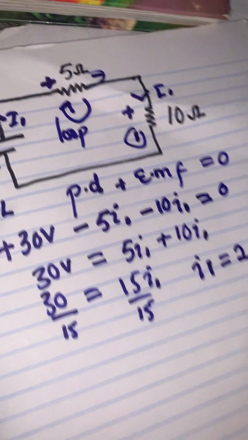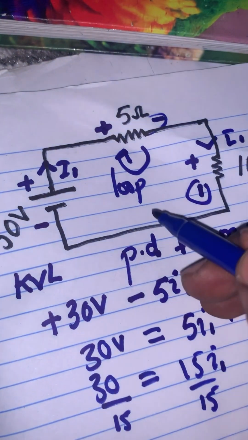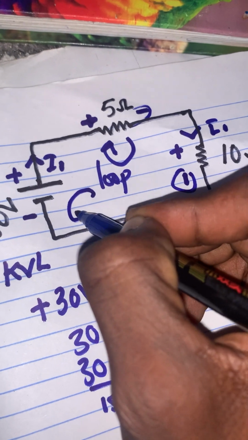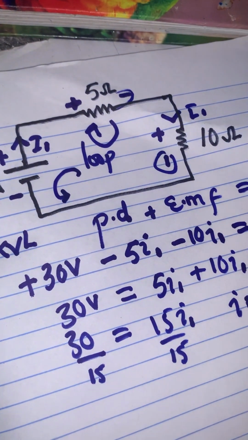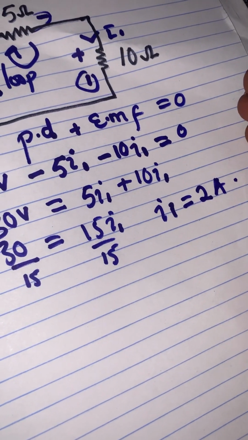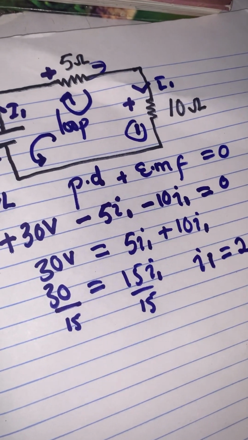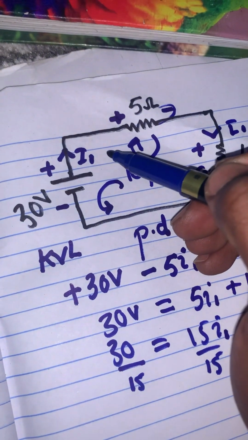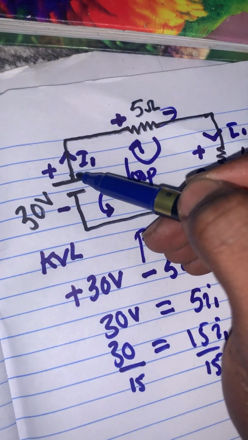Very simple. Now, if someone wishes to take this loop in the anti-clockwise direction, are we going to obtain the same magnitude, I1 equals 2 amperes? Of course, yes. Let's do it and see. We start from the battery.